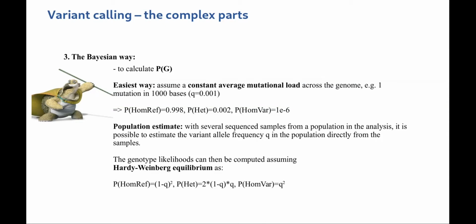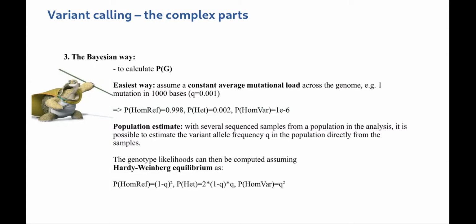From evolutionary theories and observations, you can come up with a measure of mutability of genomes, and let's say you assume that your genome acquires on average in every individual one mutation per 1,000 bases. You would have a mutational load value Q of 0.001, and that's the likelihood of having a mutation per genome.